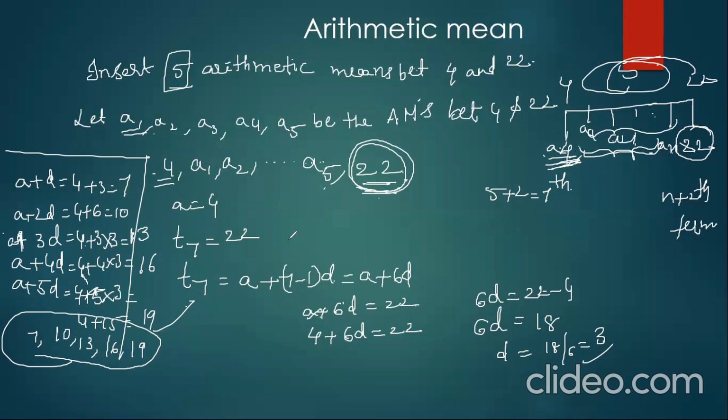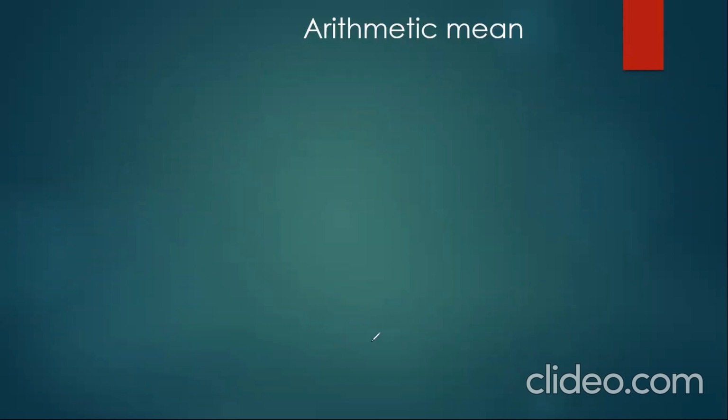So what is an arithmetic progression? How do you calculate in AP, Tn, and then Sn, all these things.